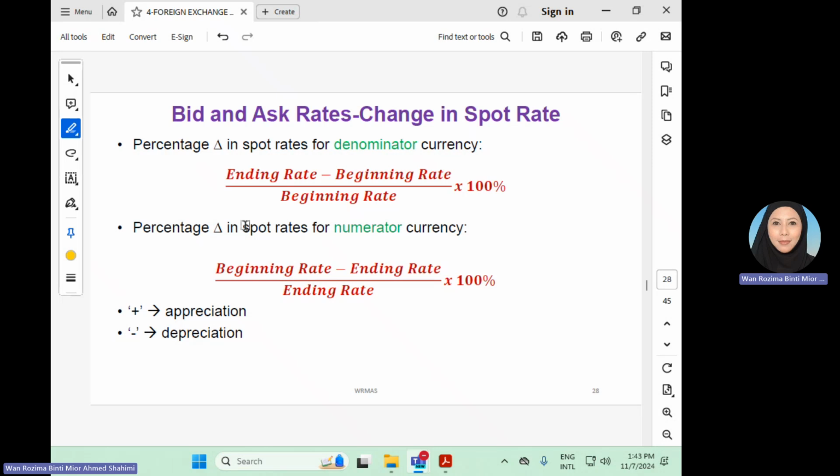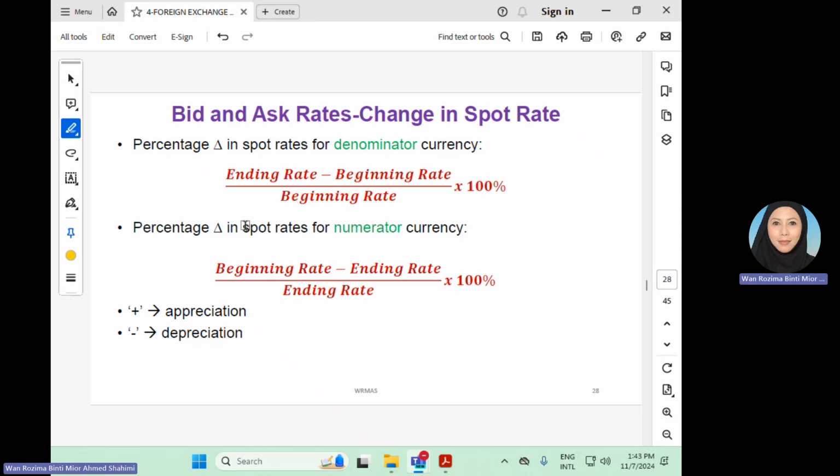Definitely the first one. Period 1, USD $2 against the British pound.